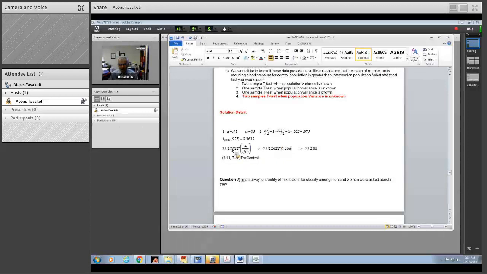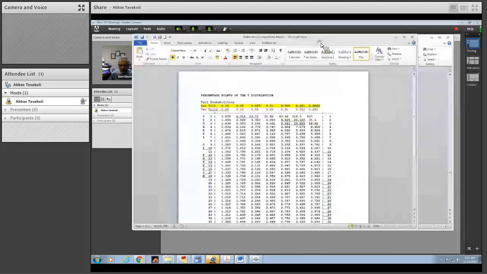First, you're going to find the T value from the table. Again, you're looking at the two side for 0.05, and your sample is n, so you take n minus 1, which is 10 minus 1 is 9.